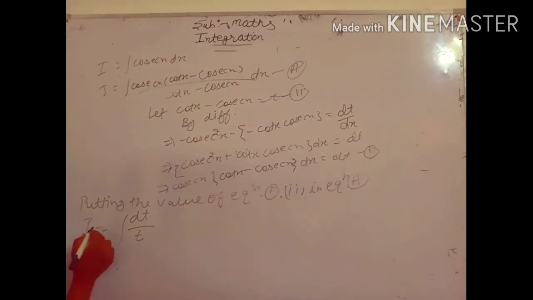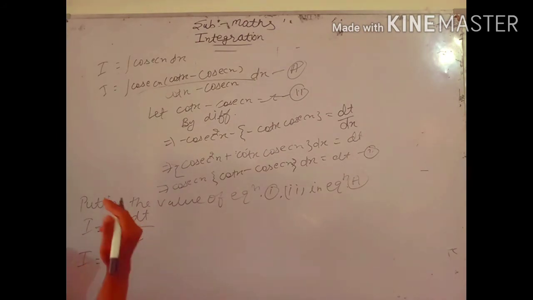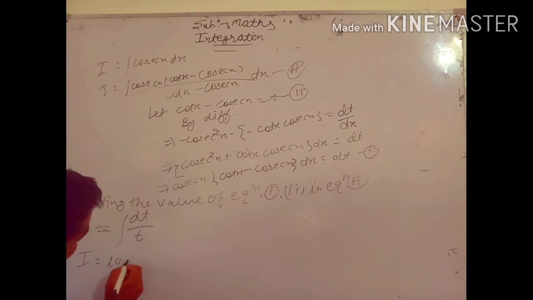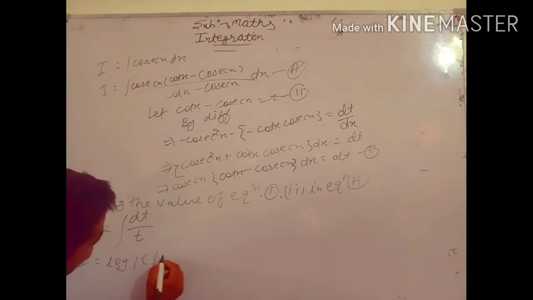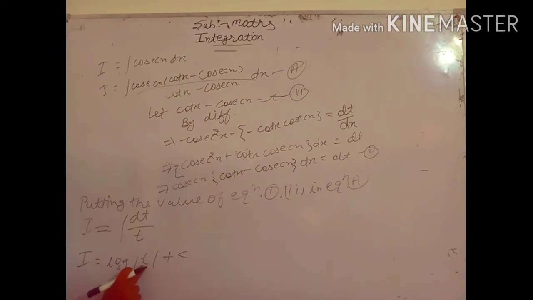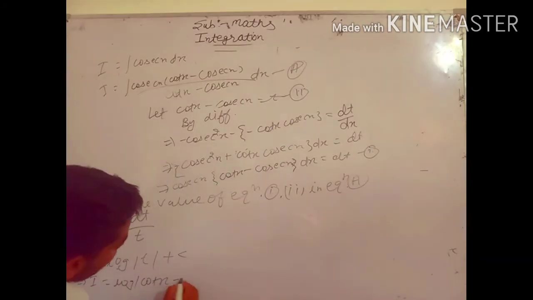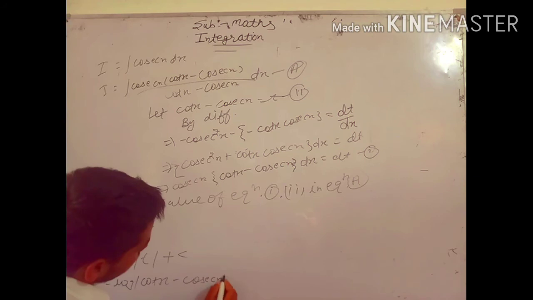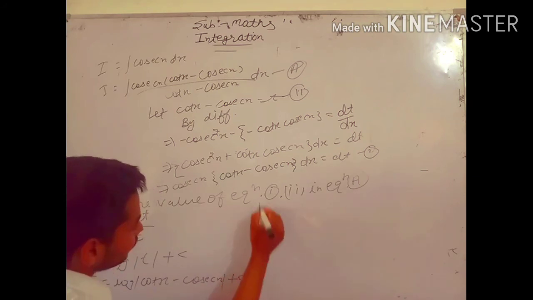So I becomes the integration of dt upon t. The integration of 1 upon t is equal to log t, we know that already. Log t plus c, c is a constant. We put the value of t from equation second, so I is equal to log of cot x minus cosec x plus c.